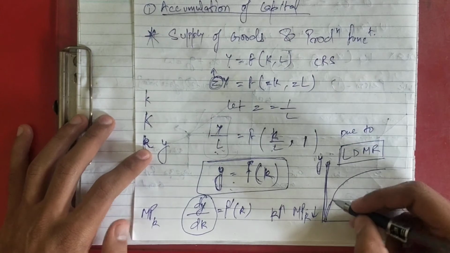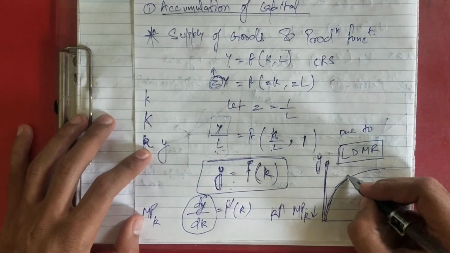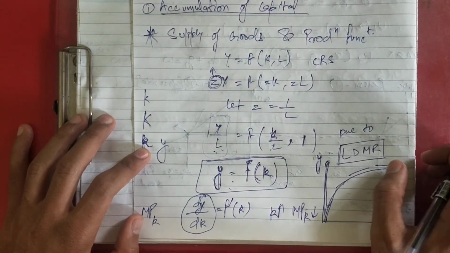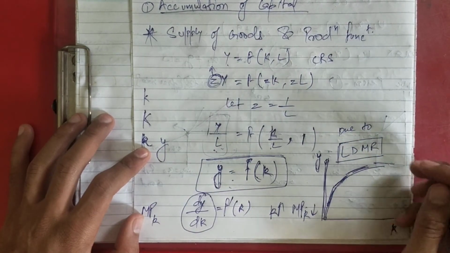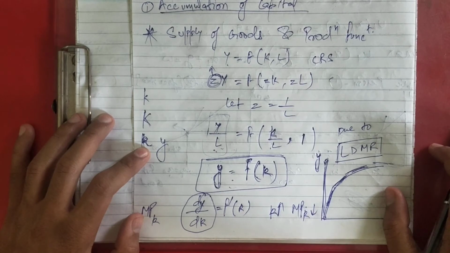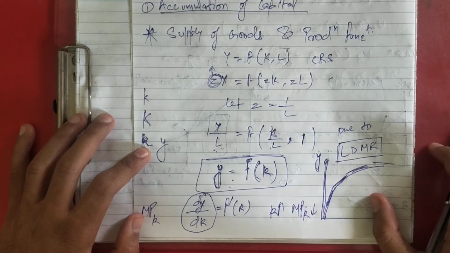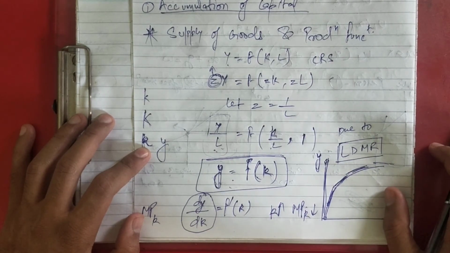Also, if you can see in the diagram, this is your MPK, and it is getting flatter and flatter. This is a slope only, and when the slope gets flatter, that means its steepness is decreasing.